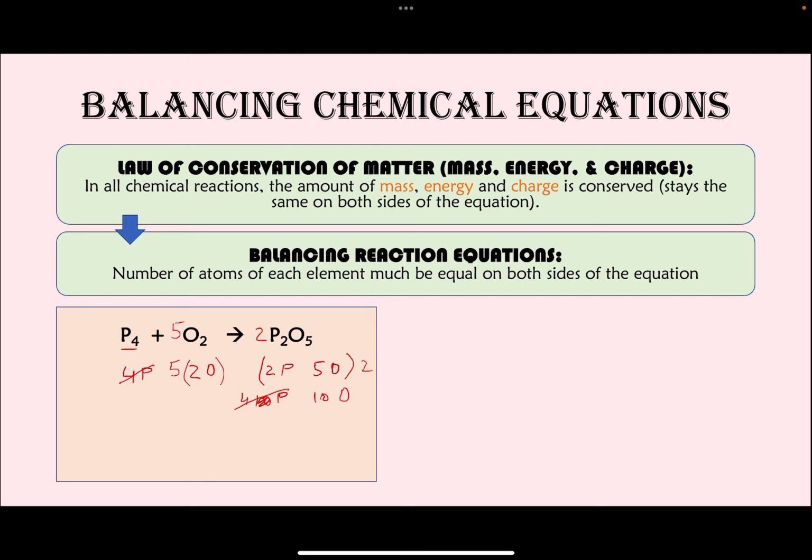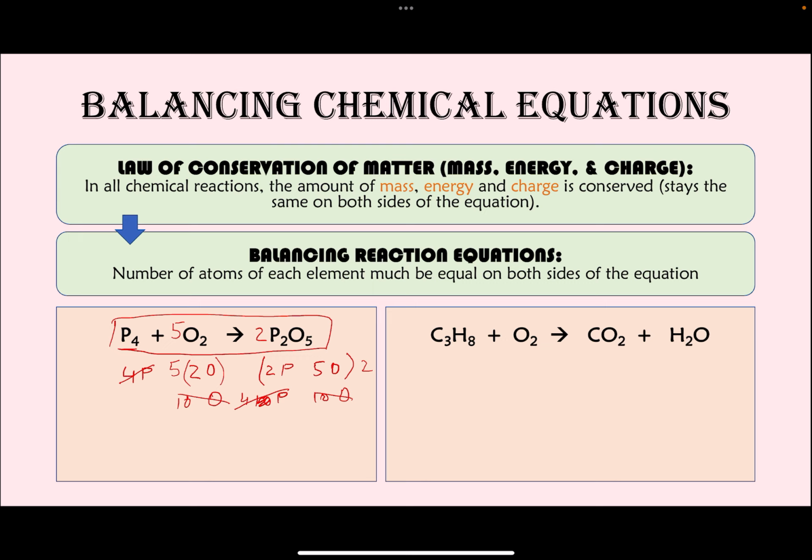This is going to have no impact on the phosphorus because they are both separate from each other. So that's going to give us 10 oxygens. So now the oxygens are balanced as well. Okay, so this is how we balance the equations. So this is going to be your balanced chemical equation. Let's look at another example.